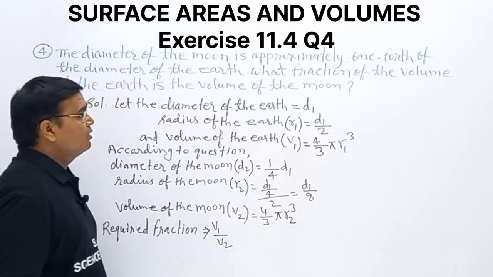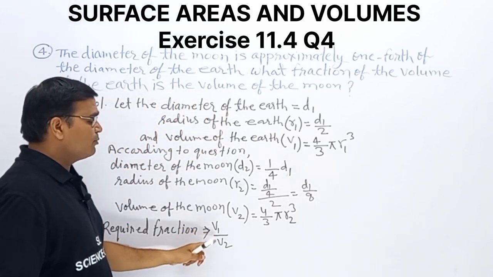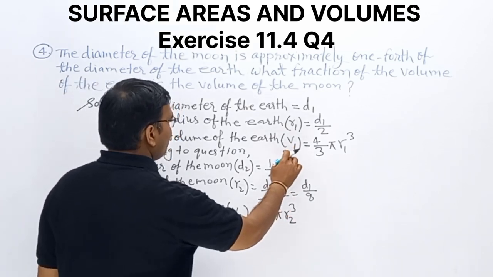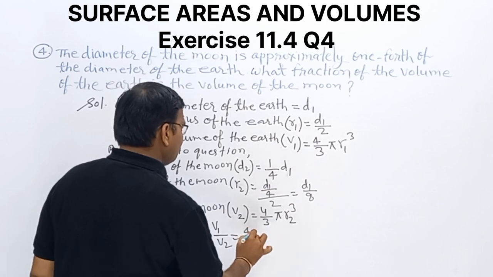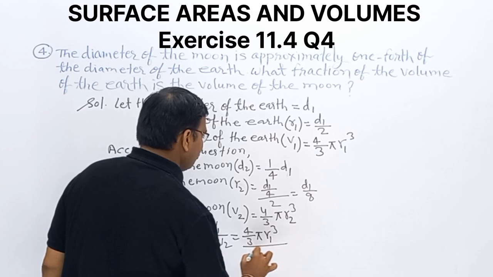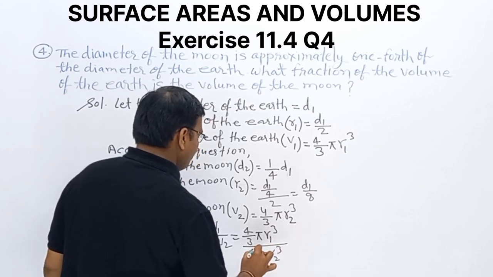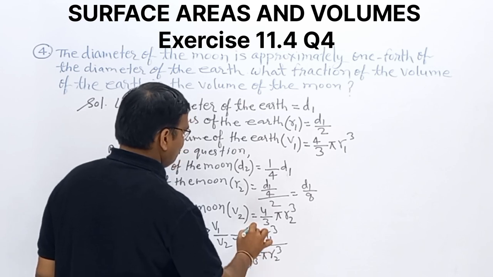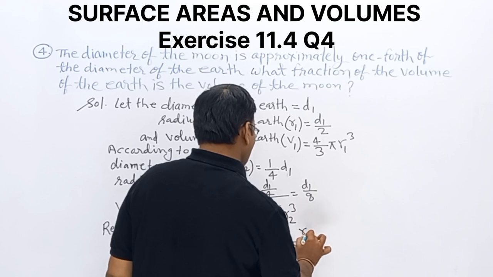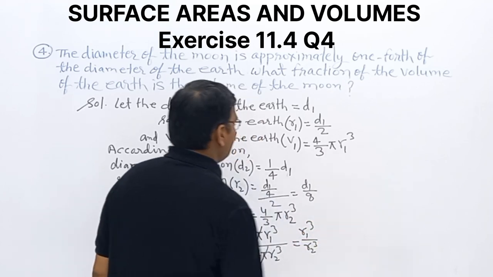We obtained already that the volume of the earth is 4/3 pi r1 cube, divided by 4 upon 3 pi r2 cube. 4 upon 3 cancels with 4 upon 3, pi cancels with pi. What are we getting? r1 cube divided by r2 cube.